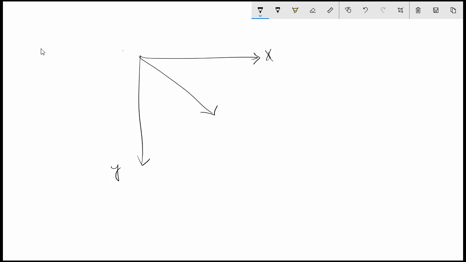So this is my rho, and if I take a simple area of this, this is my a rho, and this is making an angle phi, and this is my phi angle. So this is my phi in the increasing direction, this is my phi in the decreasing direction.